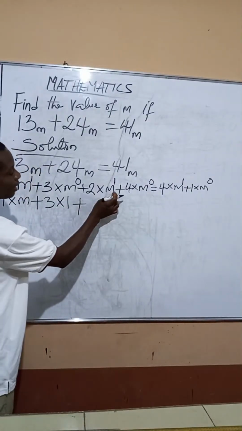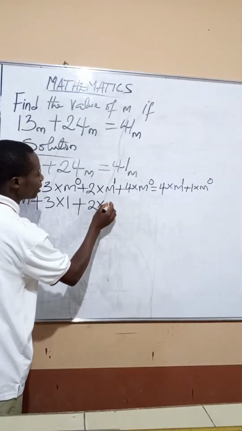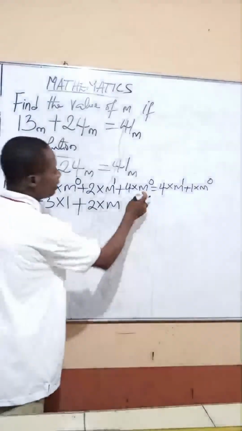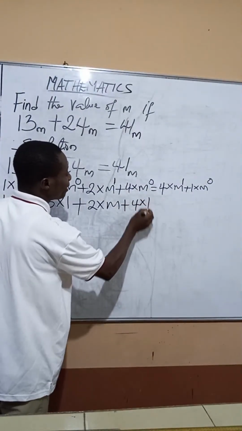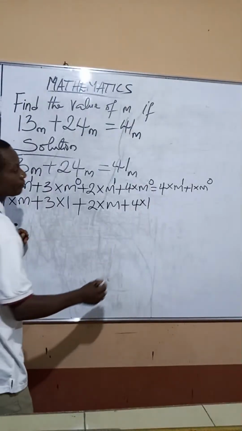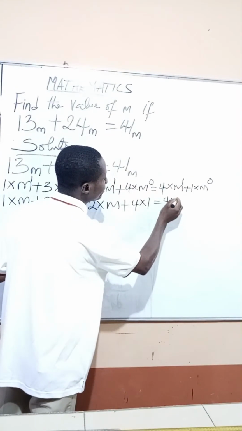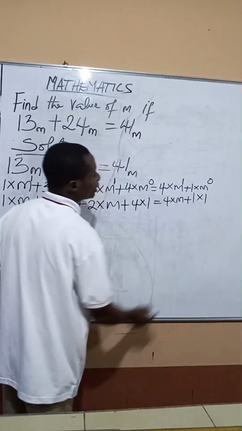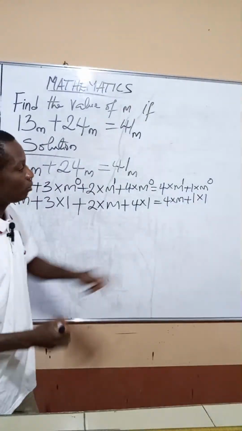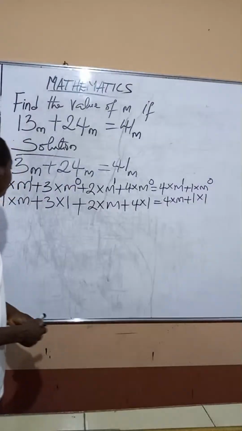Then let's proceed. This is 2 times m. This is 2 times m raised to the power 1. That's m. Then at this point, we have the same thing, 4 times 1. I've explained already. Then we have 4 times m plus 1 times 1. I'm sure we know why we have 1 here, and times m raised to the power 0, which is 1 here.